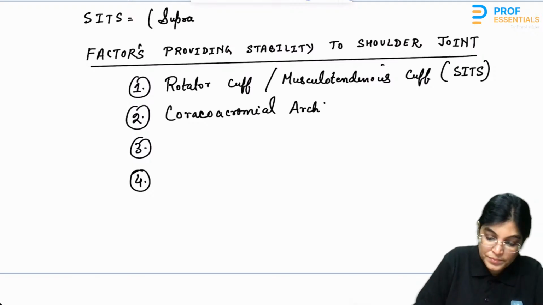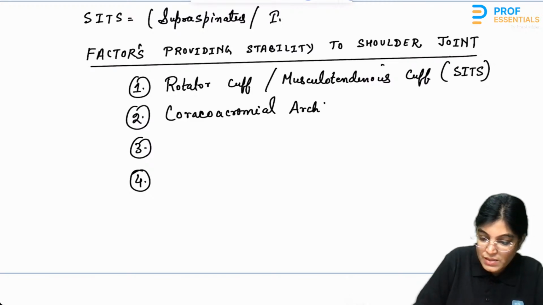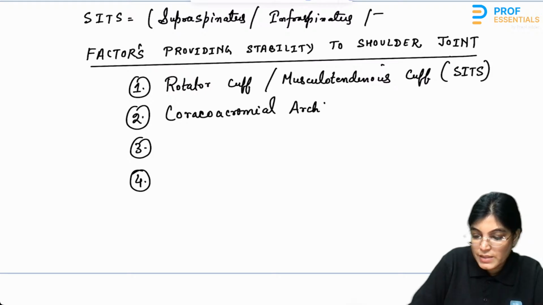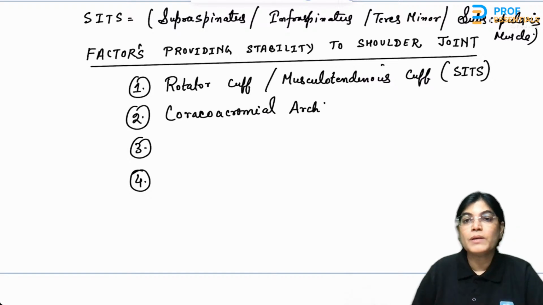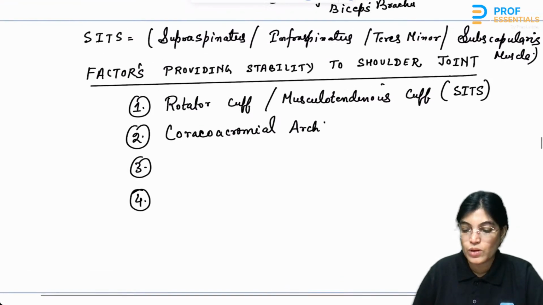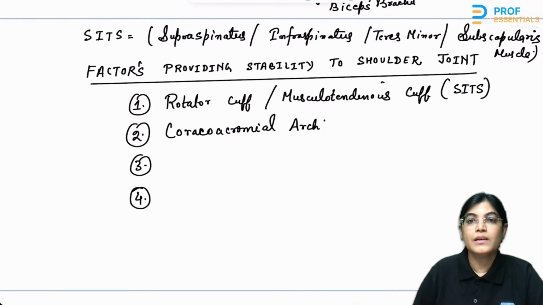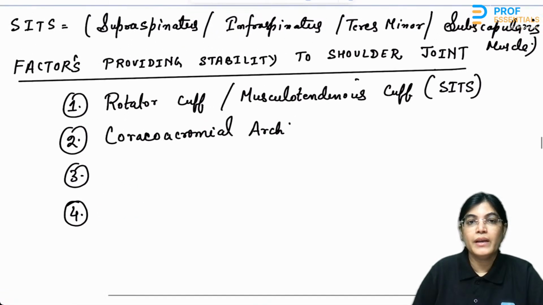Supraspinatus muscle, infraspinatus muscle, teres minor, subscapularis muscle. These are the 4 muscles which form the whole component of SITS.